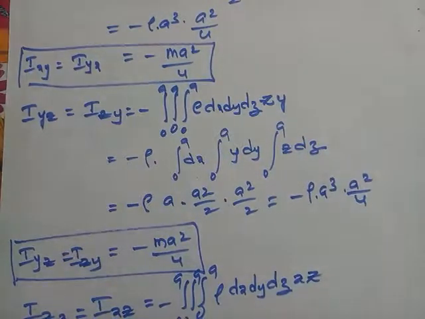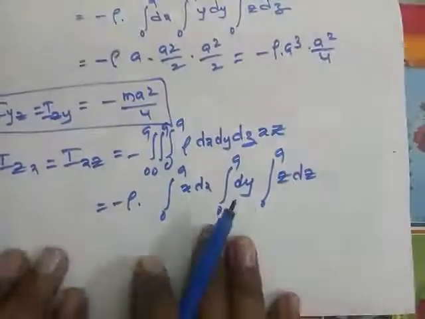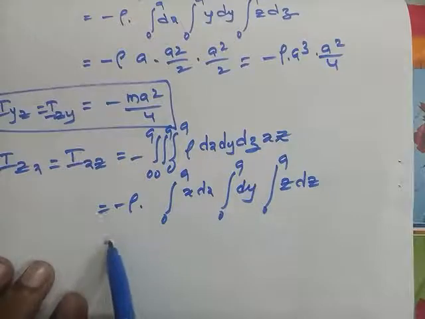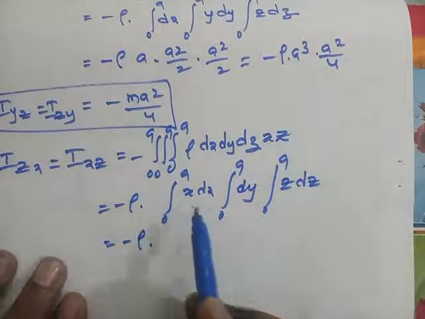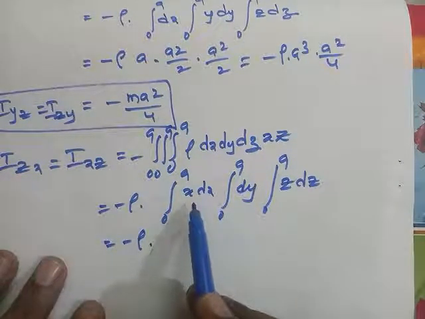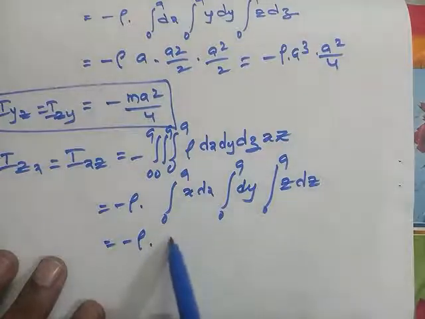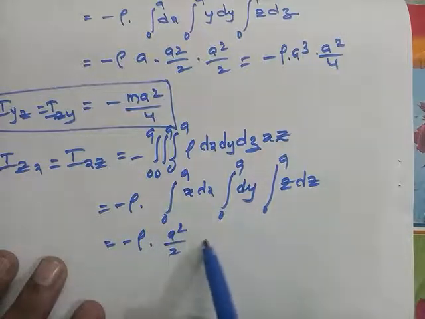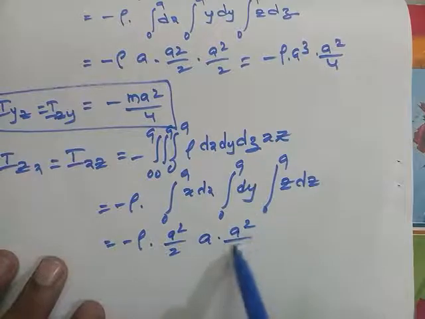Now integrate this one: minus rho outside and 0 to a x dx, and 0 to a only dy, and 0 to a z dz. Integrating this one, what do we get here? Minus rho into, this one will become a square by 2, and this is a, and this is a square by 2.